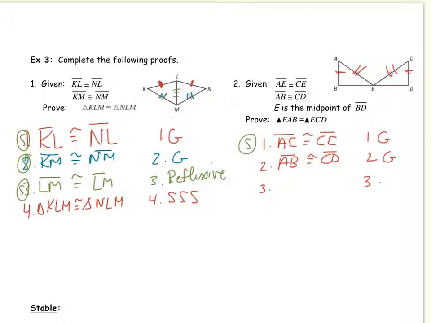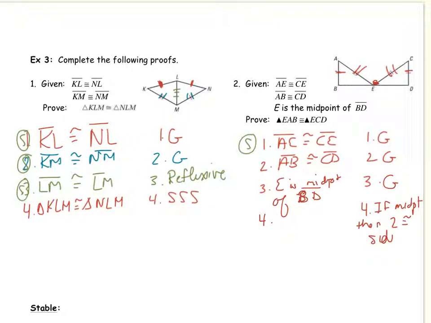So what I know is our next given tells us E is the midpoint of BD. That's given. So if E is the midpoint, then I know that if midpoint, then 2 congruent sides.